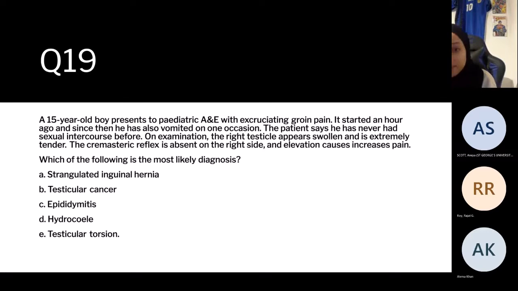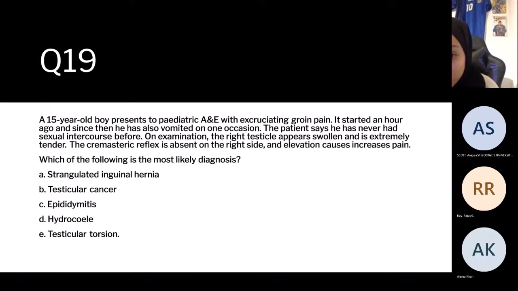So I'll give you a couple of seconds to respond. Yeah, I'll stop the poll. Yeah, correct. It's testicular torsion. So again, look at the age group of the child. He's 15. It's happened quite suddenly. His testicle appears swollen.